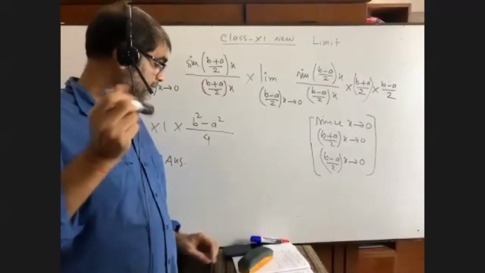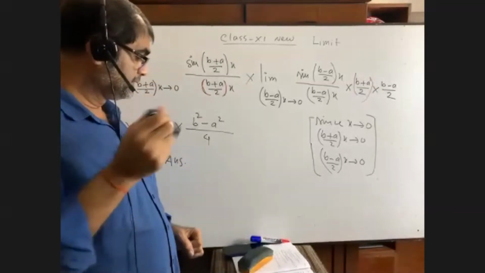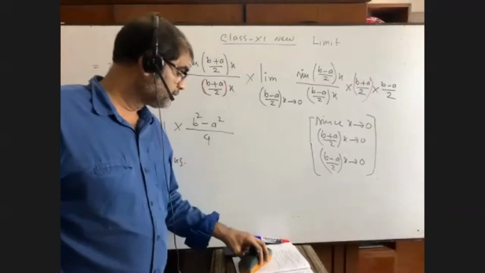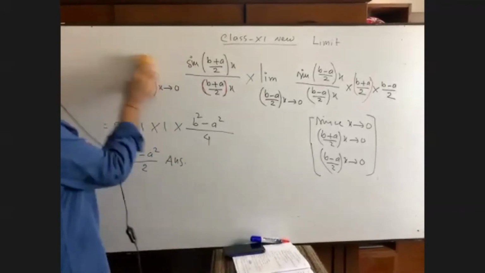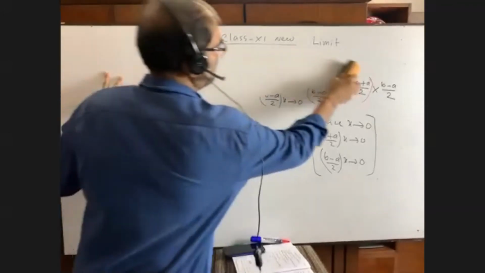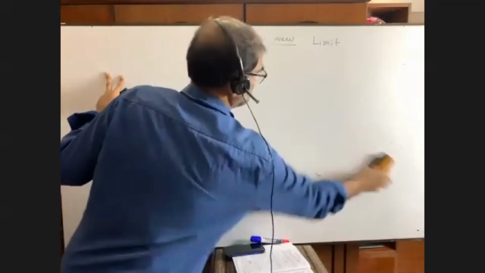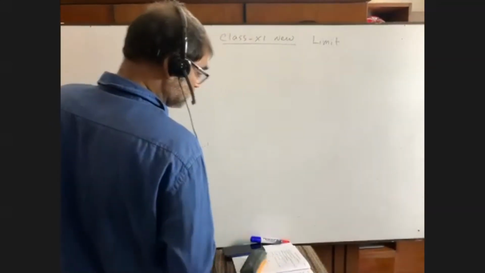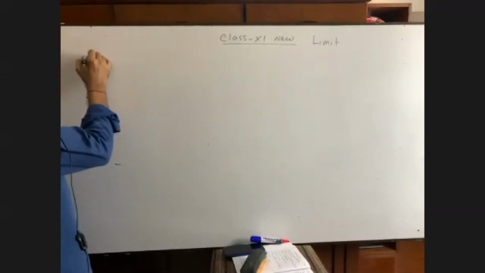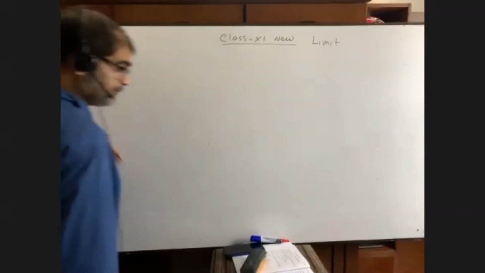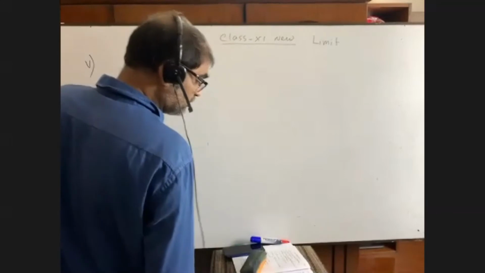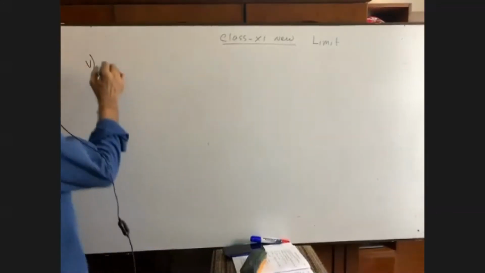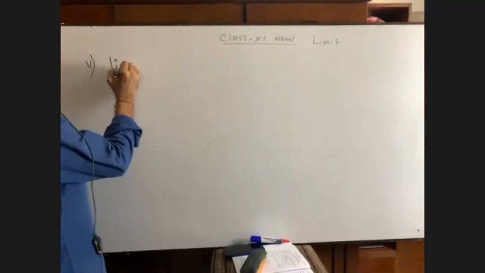So I think you have got it. Now, another math. Question number 5: limit x tends to 0, cos 2x minus cos 3x. You can do it without my help, I know.